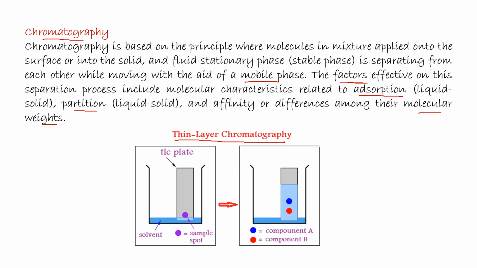We spot the mixture at the end and then elute the mixture using a solvent or solvent mixture. The solvent moves up and separates the components. That is thin layer chromatography.